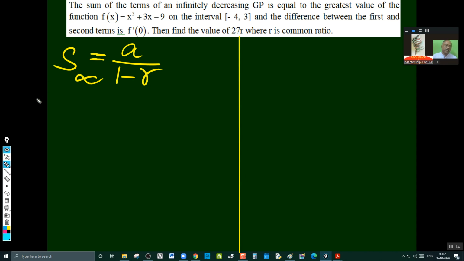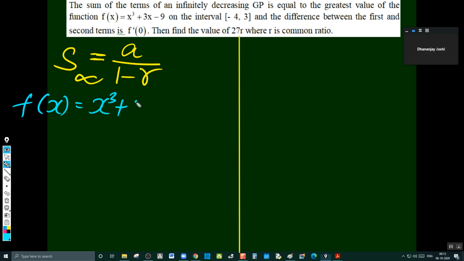तो fx क्या हो जाता है? x क्यूब प्लस 3x माइनस 9 हो जाता है.